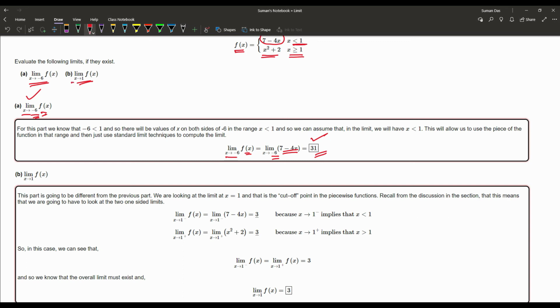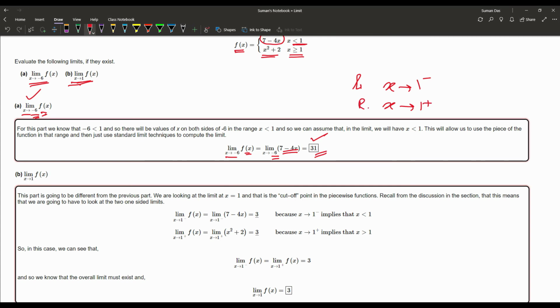Now when x tends to 1, that means we have to find the limit for the left hand and also for the right hand. So the left hand limit means x tends to 1 minus, and x tends to 1 plus is for the right hand. Let's check.